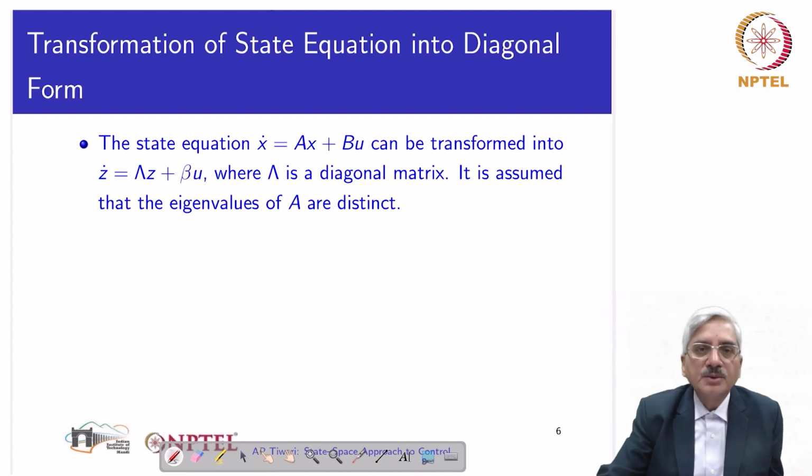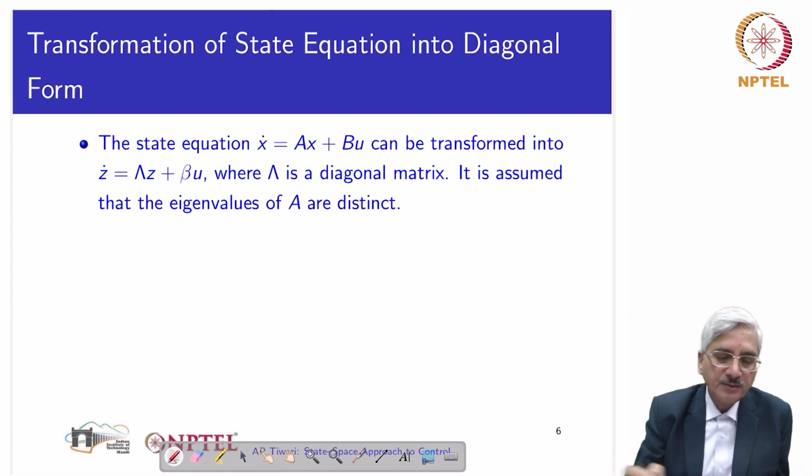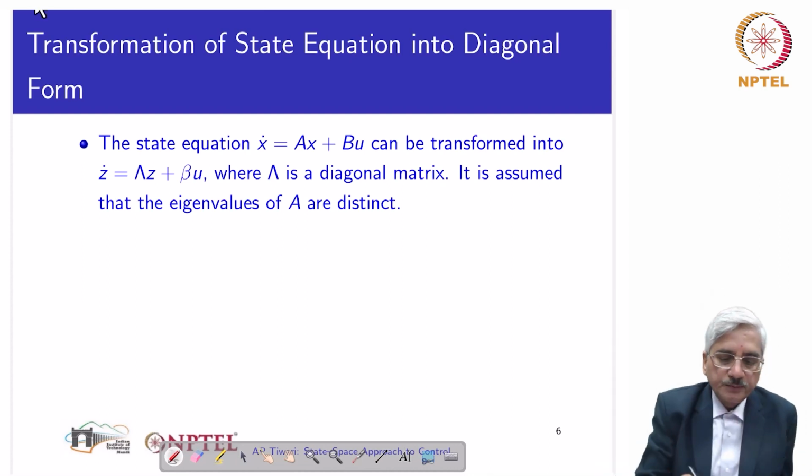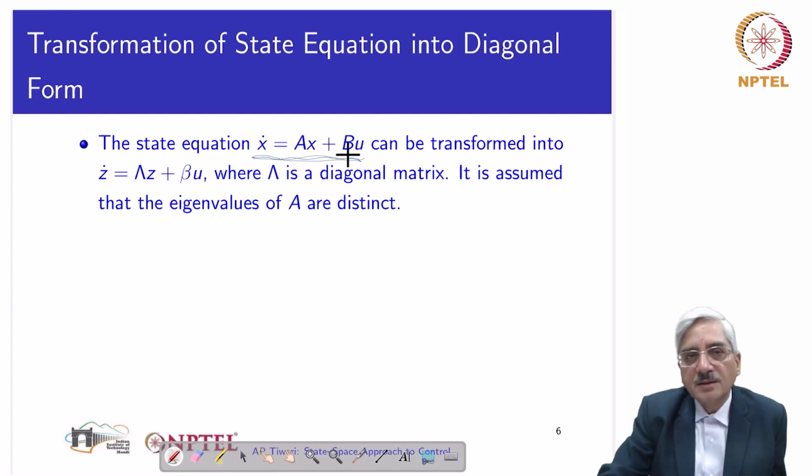So first we come to how to transform the state equation into diagonal form. We are given the state equation x dot equal to Ax plus Bu, where the matrix A, the system matrix, is in no particular convenient form.